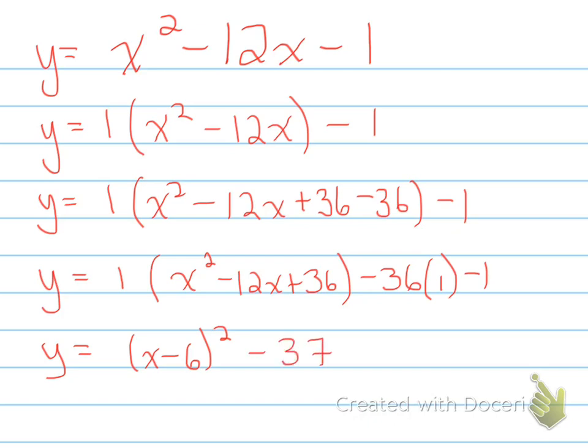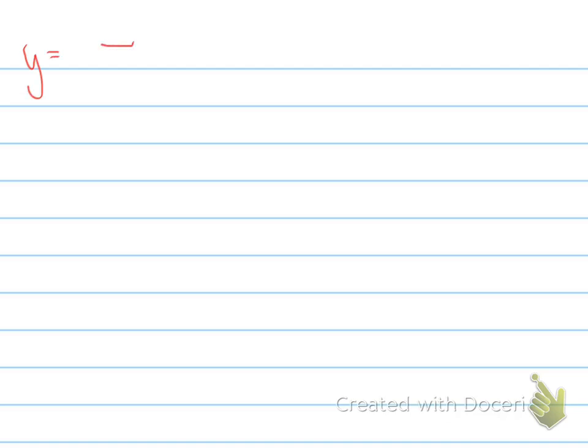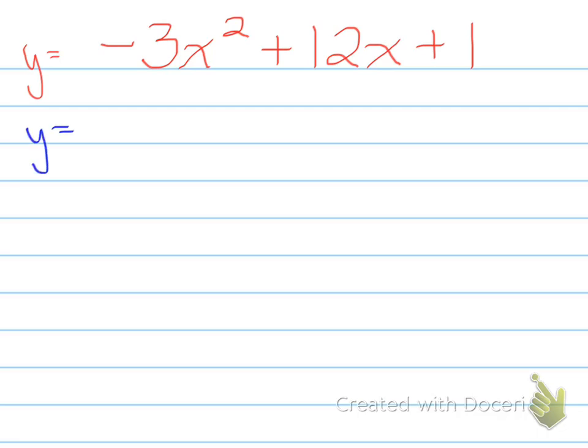All right, let's see if we can go a little harder now. Next example: y equals negative 3x squared plus 12x plus 1. So let's do this very quickly. y equals, take off the jacket, that's negative 3. And when we take positive 12 divided by negative 3, that gives us negative 4x.